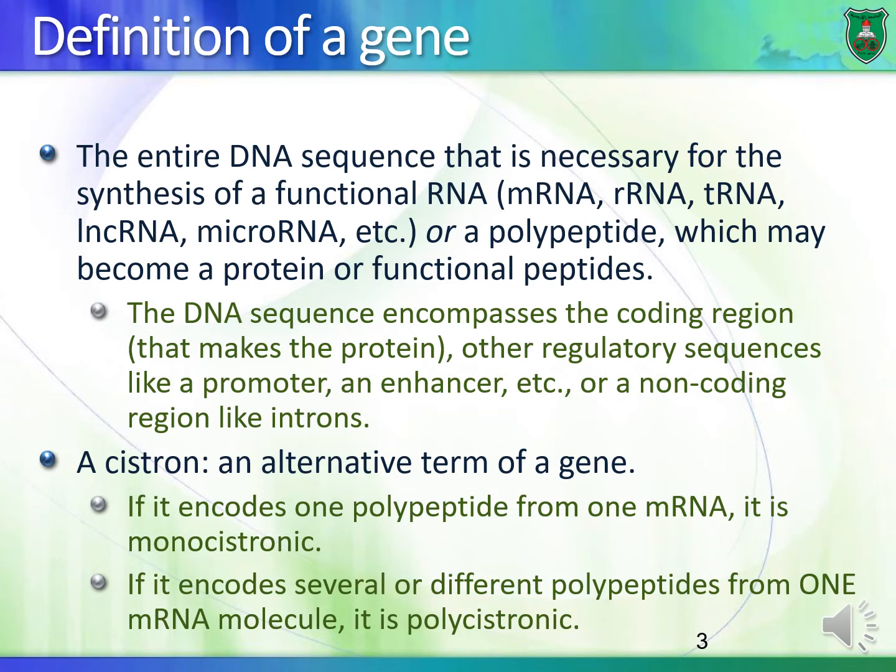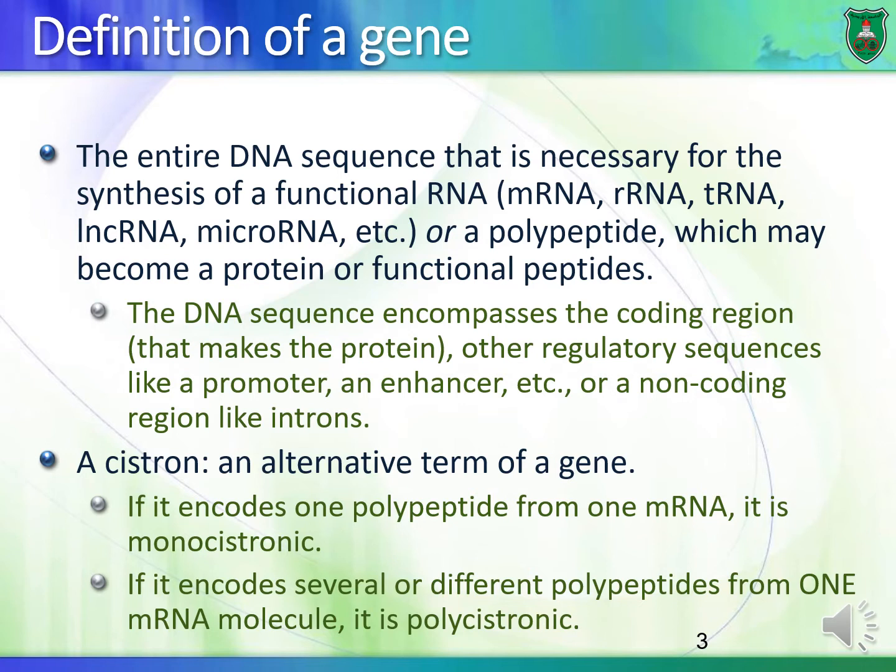Or, for the synthesis of a functional RNA or a polypeptide. Now, this polypeptide can become a protein, or it can be cleaved into smaller peptides, but functional peptides, okay? Like small, short hormones. So again, it's the entire DNA sequence that is necessary for the synthesis of a functional RNA.